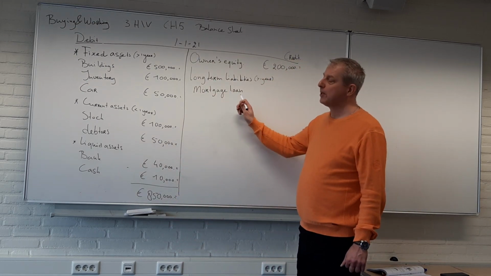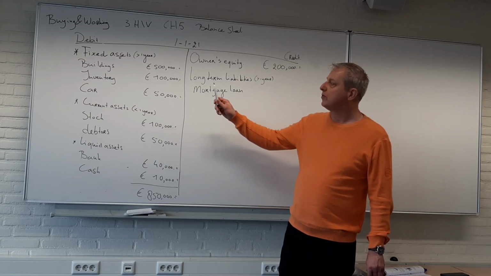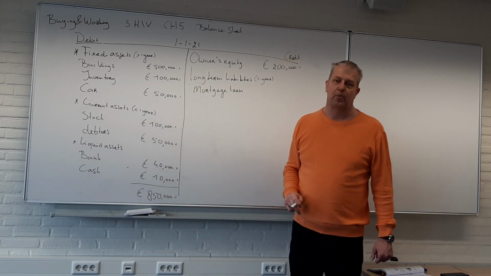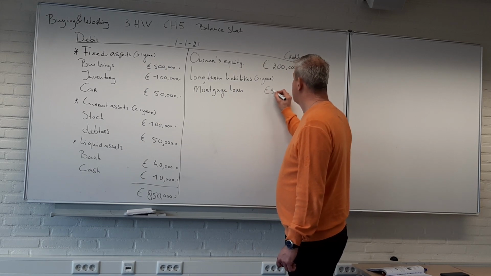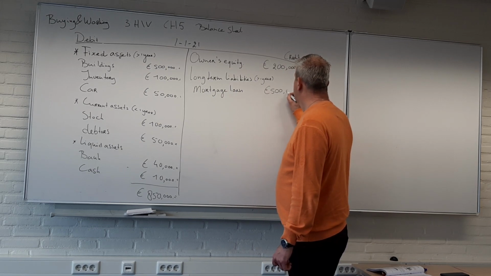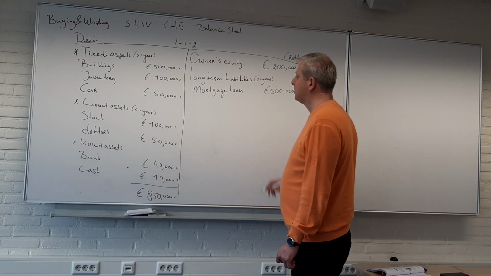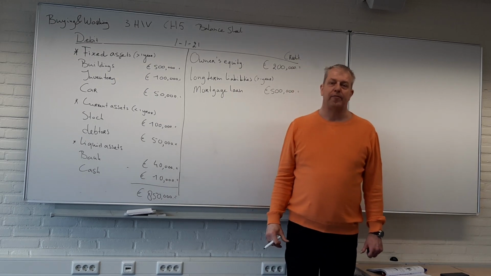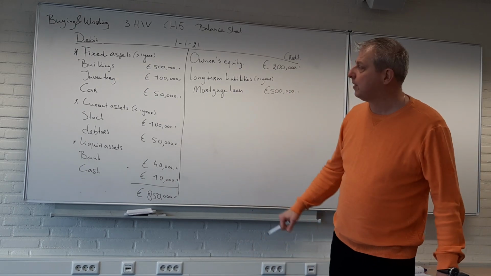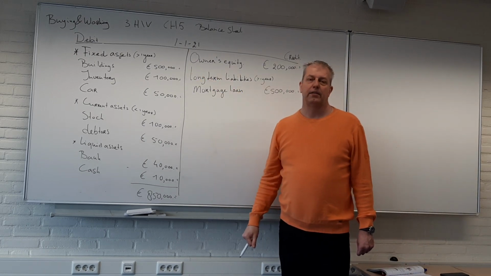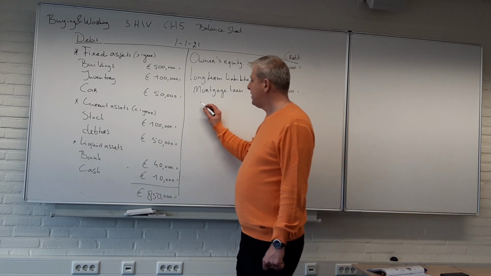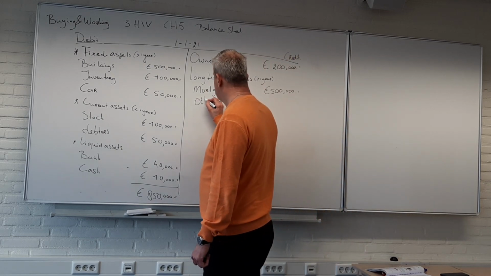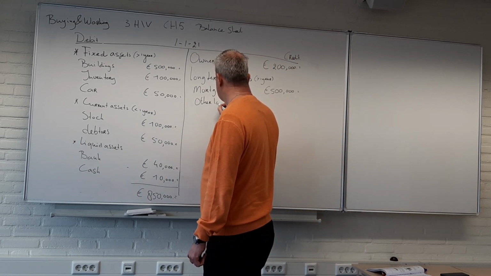And a mortgage loan is a special kind of loan which you can use to finance buildings, for example. So suppose this building is fully financed by the mortgage loan. So the bank gave me 500,000 euros to buy this building or these buildings. Then we have other loans, maybe.